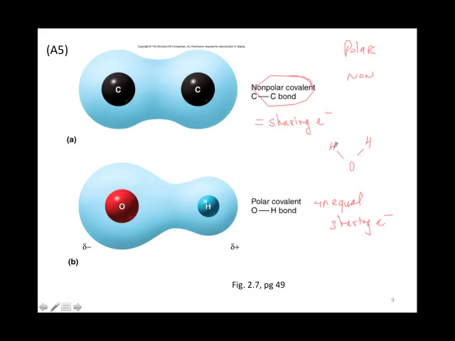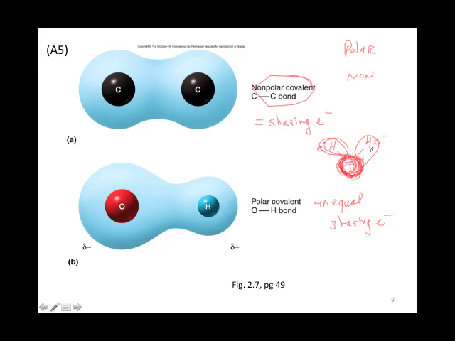Hydrogen needs 1 electron in its valence shell. And what we end up getting is that 1 electron from this hydrogen and 1 electron from this hydrogen both will then spend more time rotating around this oxygen than they will around the hydrogen.